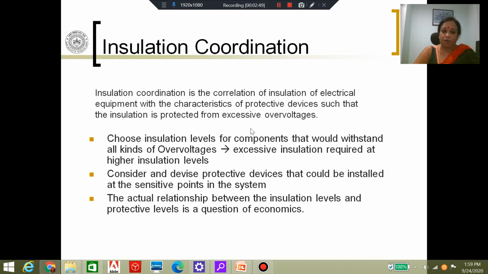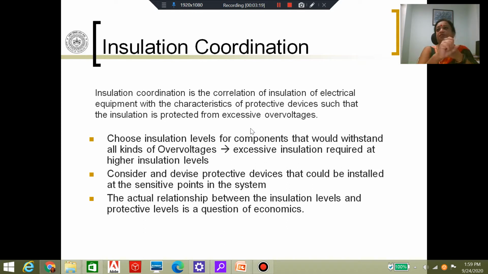For higher insulation levels especially, you do not want to go for excessive insulation, and therefore the first step is to devise protective devices which will be installed at sensitive points in your network. You know that there is a particular over voltage level which is likely at a particular point. At that point, you will incorporate a protective device.